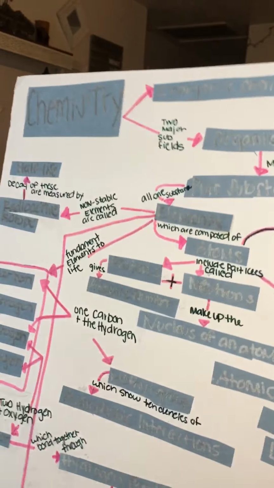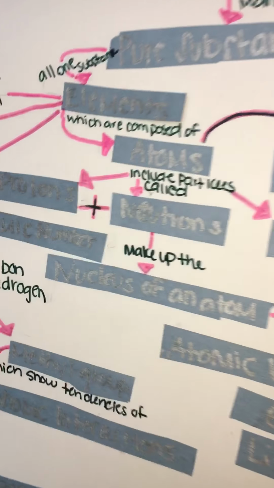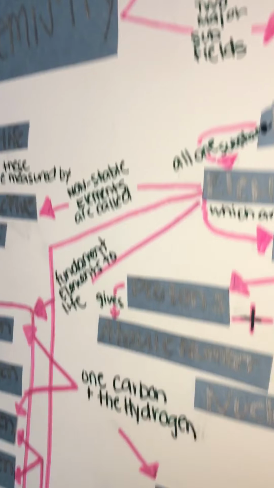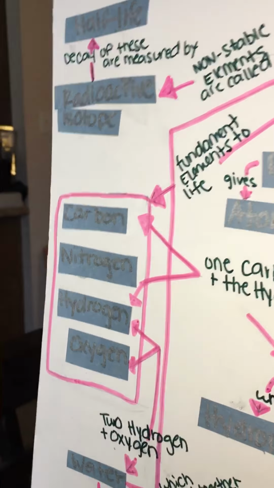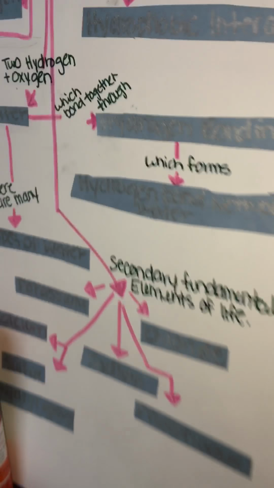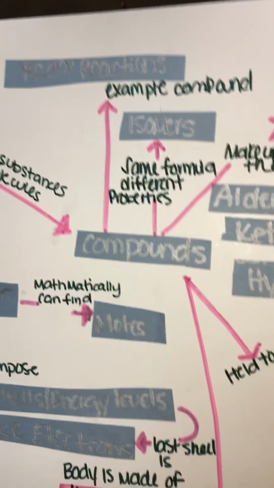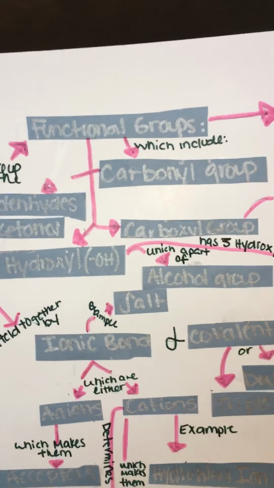So, to recap, my chemistry map is pretty much explaining most of organic chemistry here, including the atoms and their elements, which include those protons, neutrons, and electrons, and then what each of those mean. And then you also have the fundamental elements of life and the secondary elements. You have your compounds, which have all those functional groups in them.